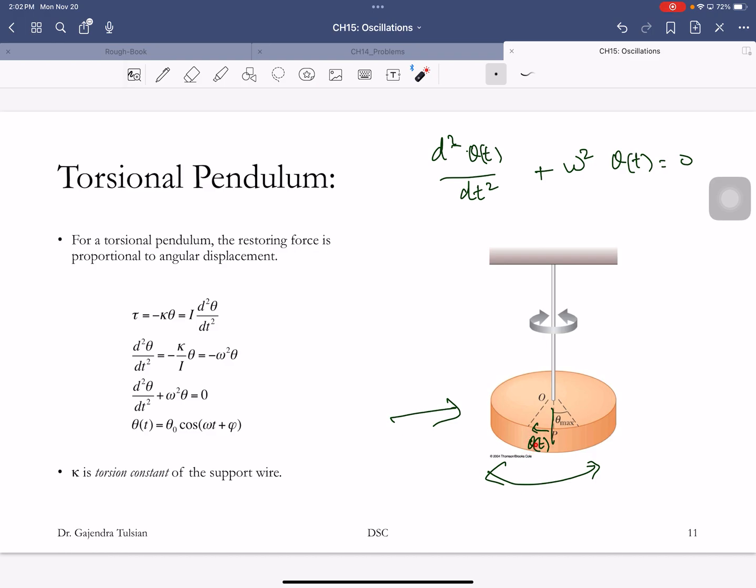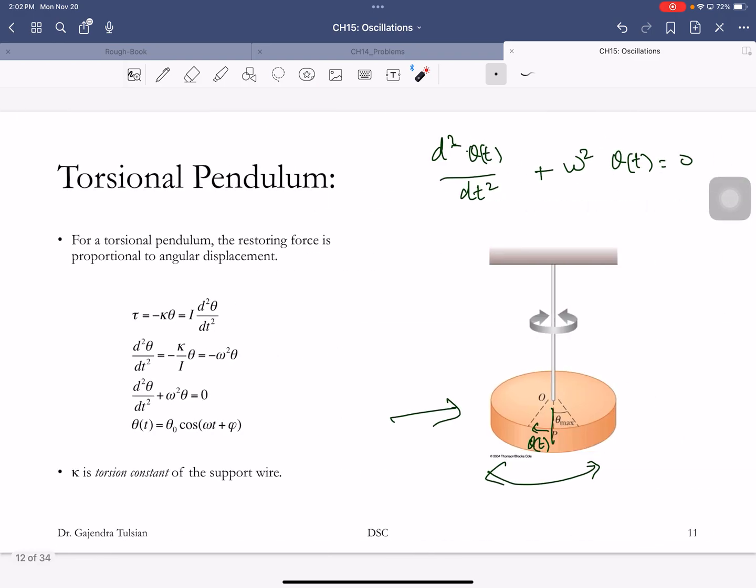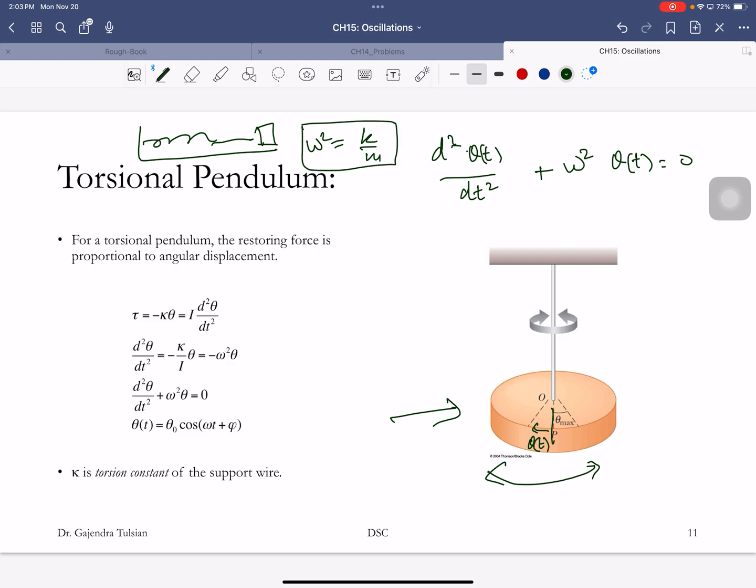The equation governing the configuration of the system is exactly the same. So d squared theta by dt squared is minus omega squared theta(t). Okay. What is omega in this case? For this system, omega squared was k by m for the mass attached to the spring.